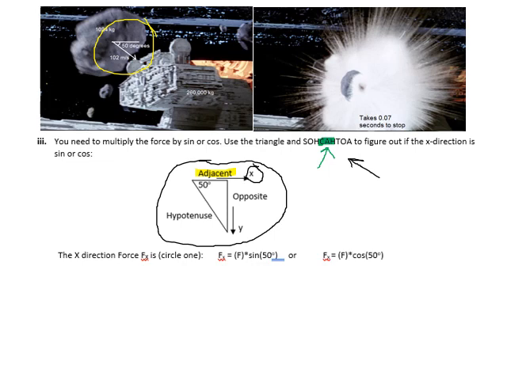CAH, SOHCAHTOA. It's a little hard to see. Let's try it with this color. CAH. Cosine, adjacent, hypotenuse. So cosine goes with adjacent. That's what we want.